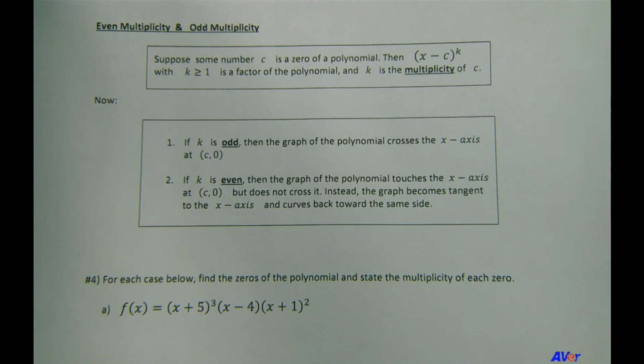Now, each of these zeros of a polynomial, for example -1 in the previous example, may be associated with a power. So -1 to the 5th power, -1 to the 6th power, or 9th power, or 10th power. That power gives this zero what is called the multiplicity.